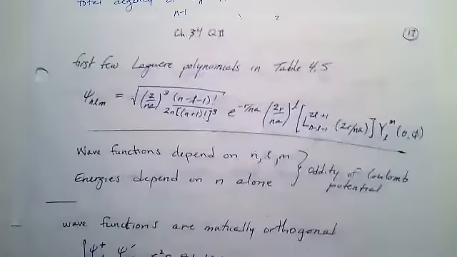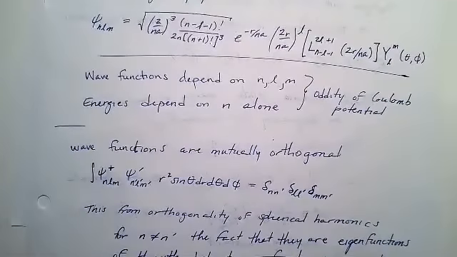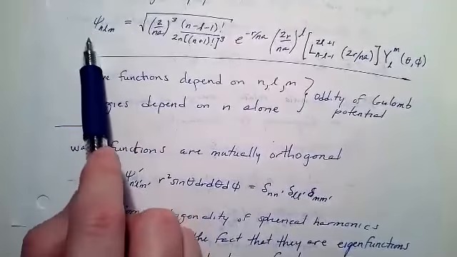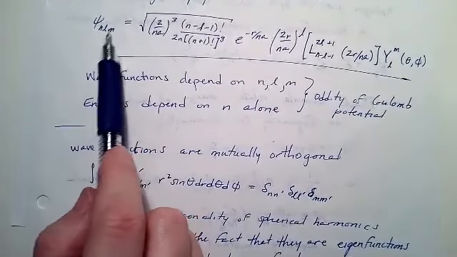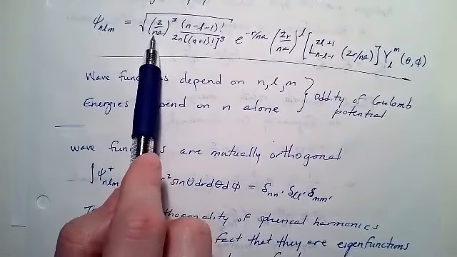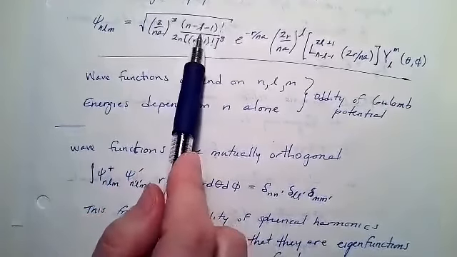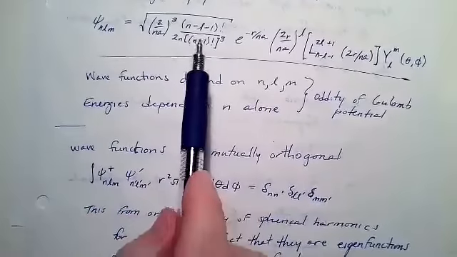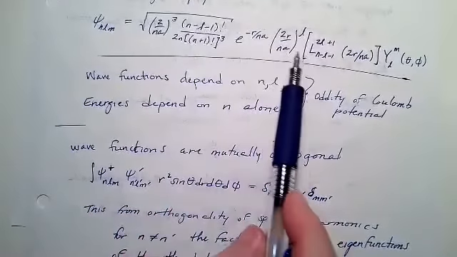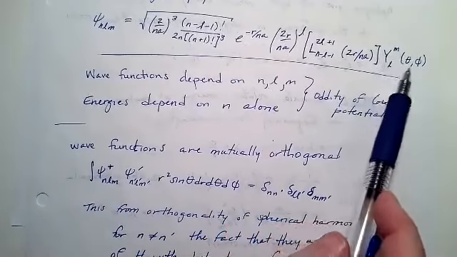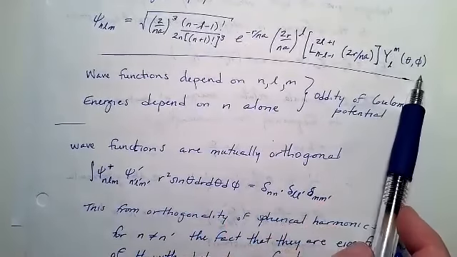Here is your formula for your spatial wave function in terms of things like n, your quantum number, a, that Bohr radius, l, your azimuthal quantum number, and m, of course, is in here in your angular function.